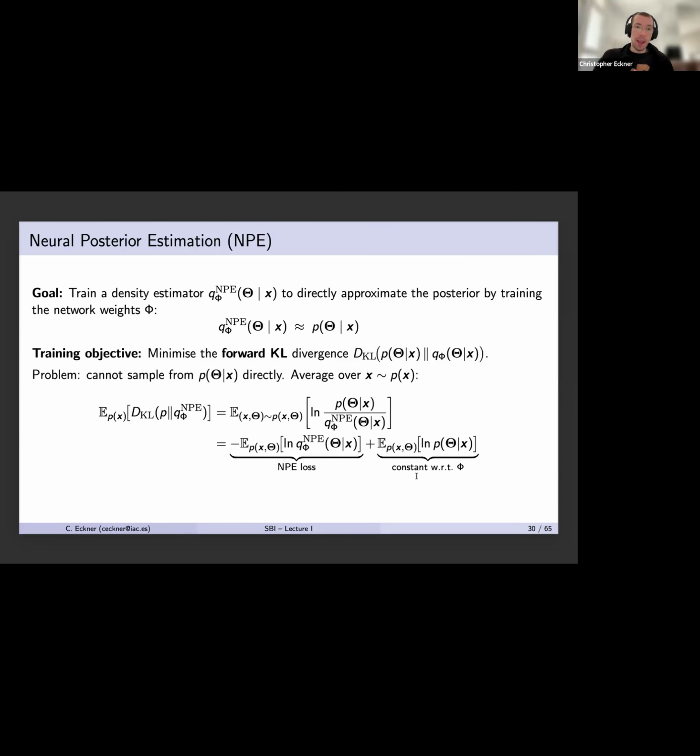So since we cannot directly sample from the posterior to perform this average, we can also average over the different observations we have. If we go back, we can also perform this expectation value of our Kullback-Leibler divergence over the different data sets we observe.